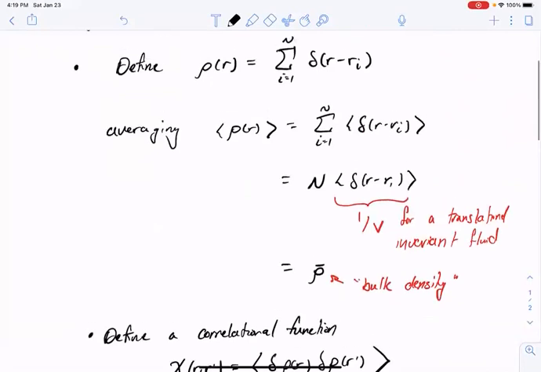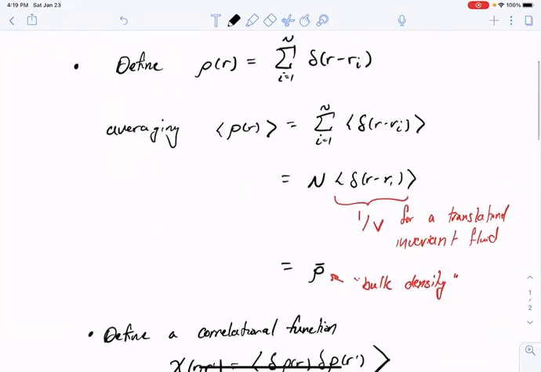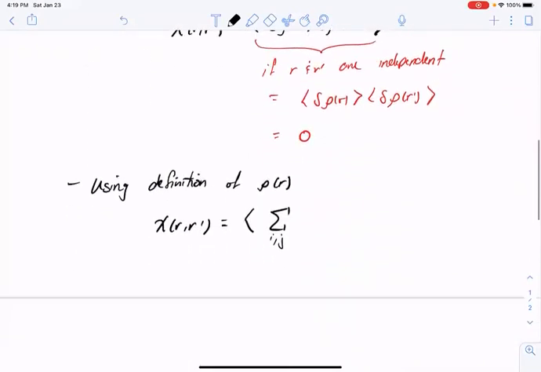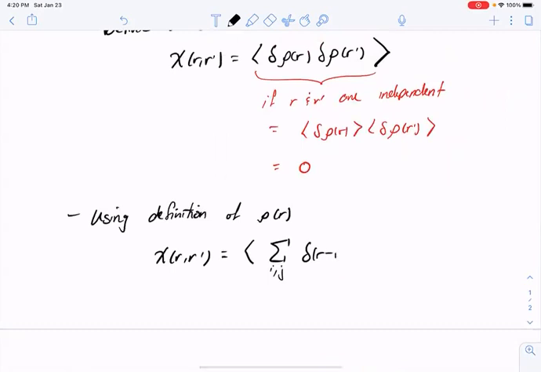Rho of r is the delta function of r less ri. So I have a delta function of r less ri times the delta function of r prime less rj. That's the fluctuation piece. And I'll have two factors of the bulk density as the average.